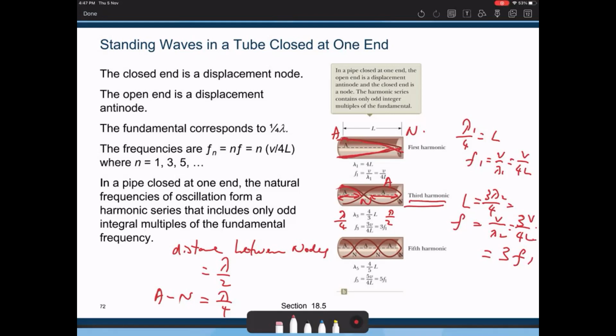What about the next simplest case? The next simplest case would be having 2 nodes inside the tube. Well, okay, you have a node at the closed end, but there are 2 additional nodes within the tube.